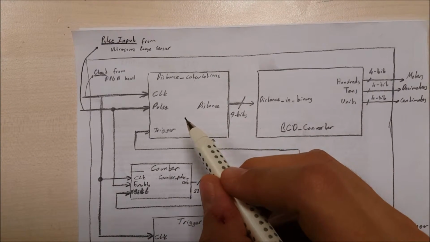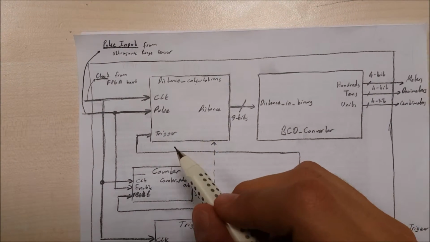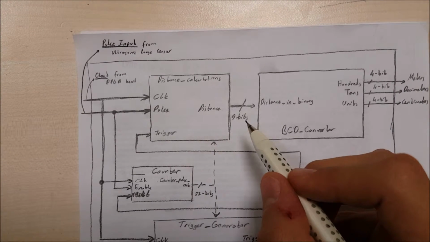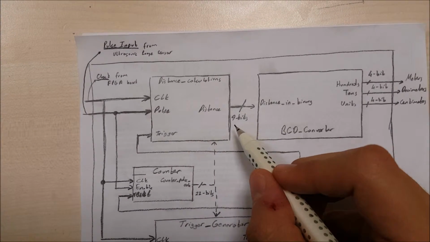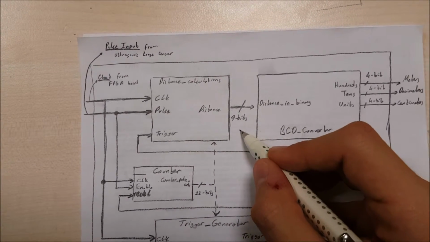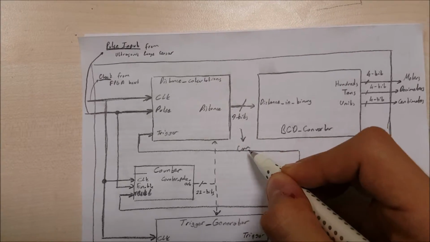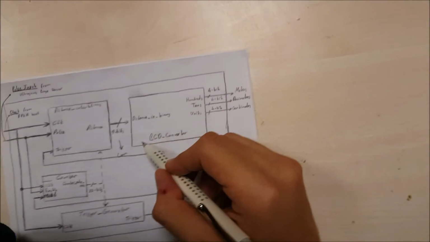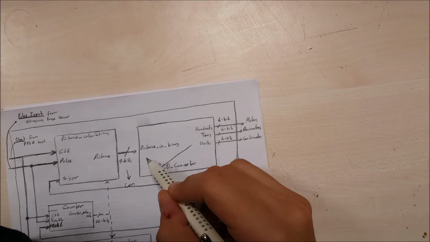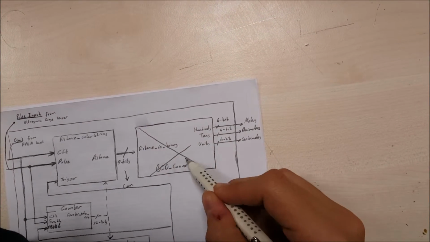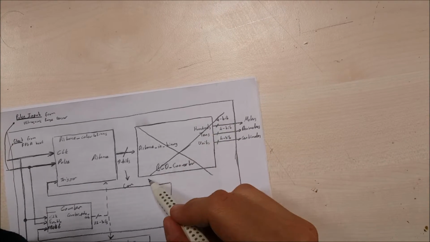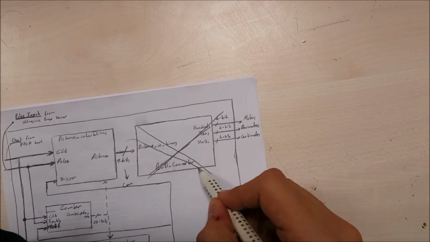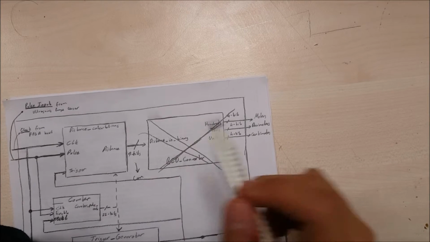This calculates only when the pulse is low. Then it will generate a 9-bit output which represents the centimeters. And excuse me, please forget this binary coded decimal. I forgot to erase that. This is the only output.